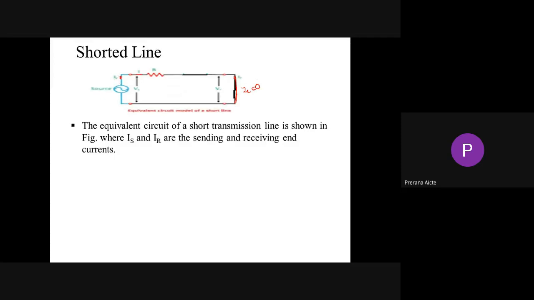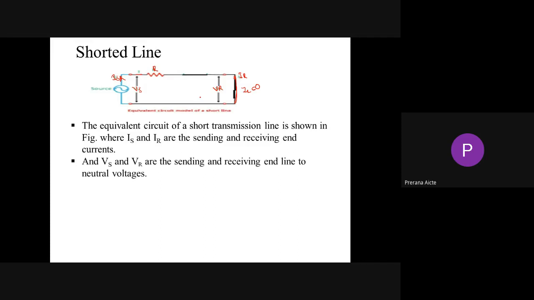Here the current passing through is I of S and the voltage across is V of S, and here it is V of R and the current passing is I of R, where I of S and I of R are the source and receiving currents, whereas V of S and V of R are the source voltage and receiving voltage. This is the equivalent circuit diagram of the short transmission line.